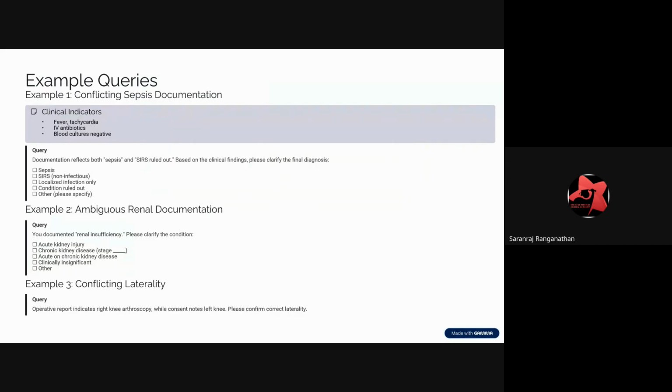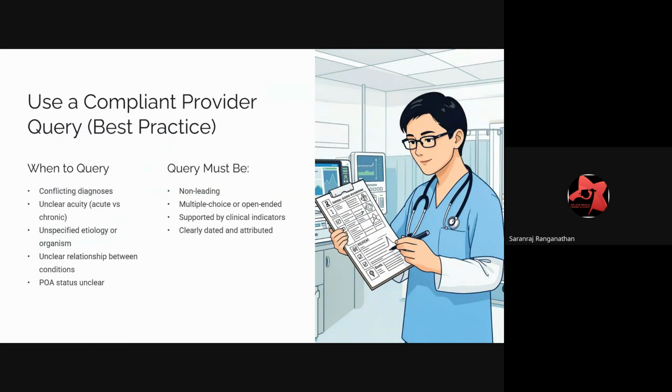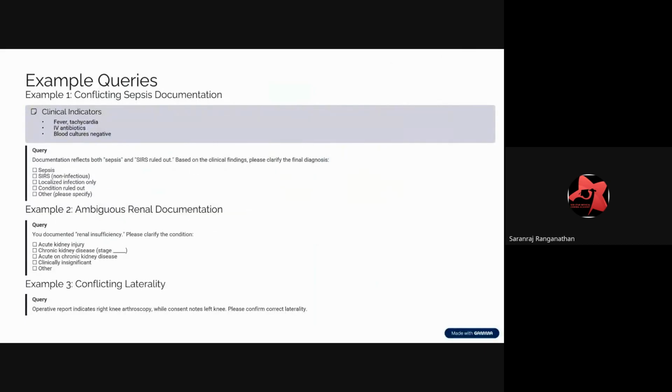My query should be very clear. I need to decide based on these clinical features that there may be these three possible conditions. Keeping these three conditions as choices, multiple choice or open-ended, I give three choices so that he will choose which condition it is. That is what the first example is about.